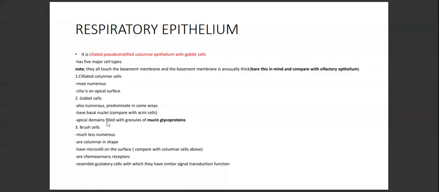So these goblet cells, in their apical domains, are filled with granules of mucin glycoproteins. Once these mucin glycoproteins get mixed with water or other fluids, that's when they form mucus, which can accumulate in the airway in some diseases.